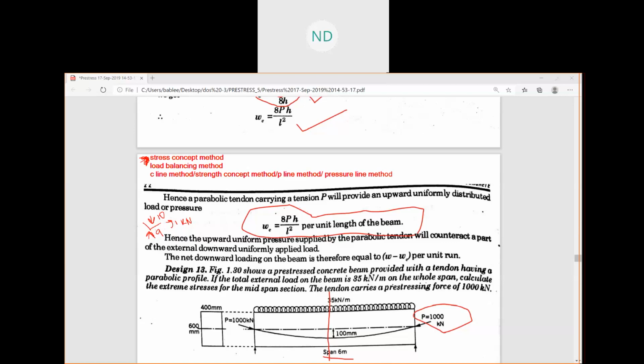You just have to find the upward thrust that this particular bend tendon with the parabolic profile is giving. If you know that, then you can counterbalance it. The downward load is given as 35 minus 8Ph by L square.